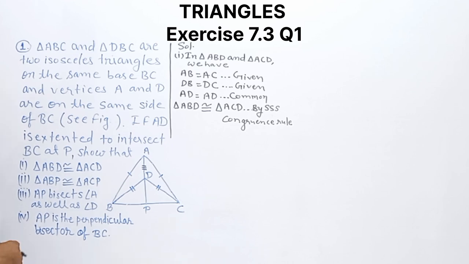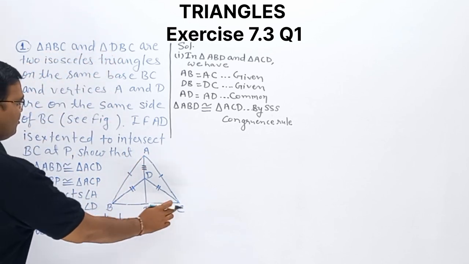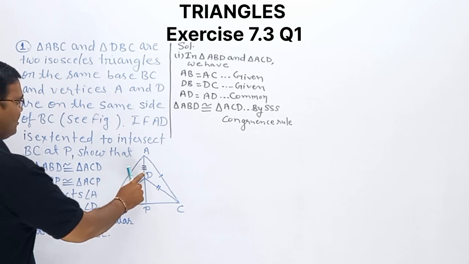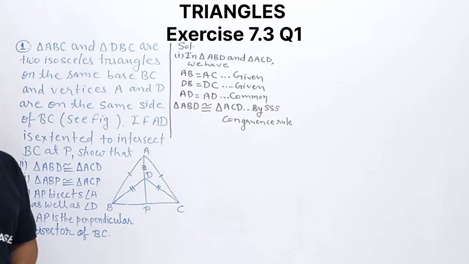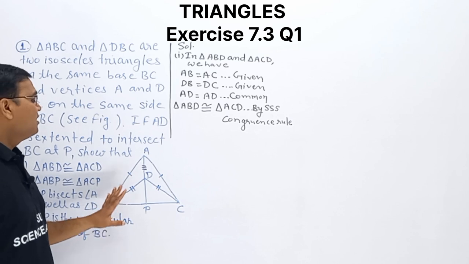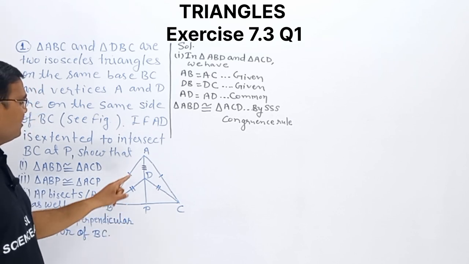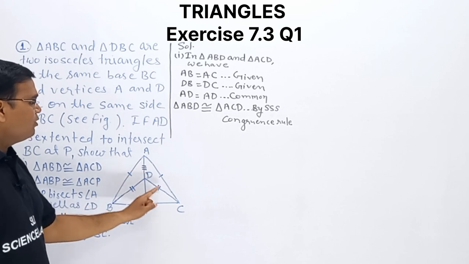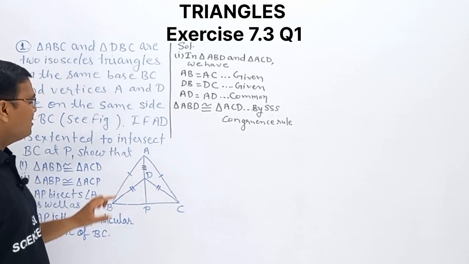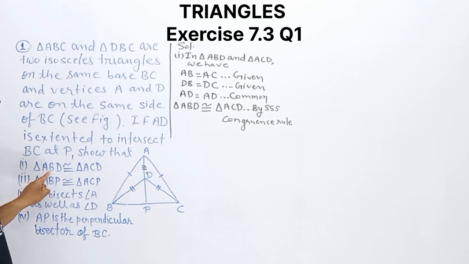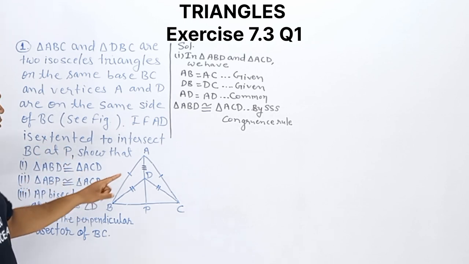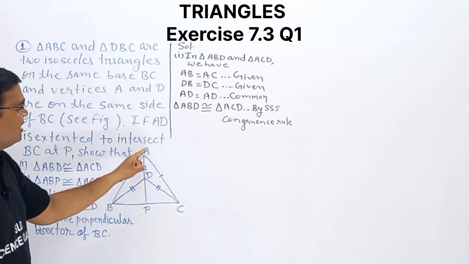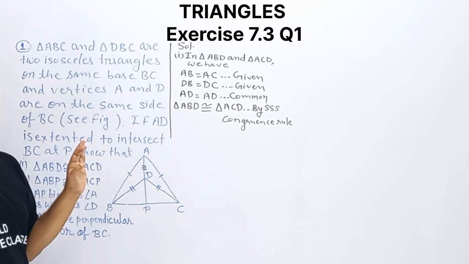Observe again how we are proving. We are having triangles ABC and DBC. These are two isosceles triangles. Clear? Now in these two isosceles triangles, AB equal to AC is given, DB equal to DC is given. But we want to prove triangles ABD and ACD are congruent.